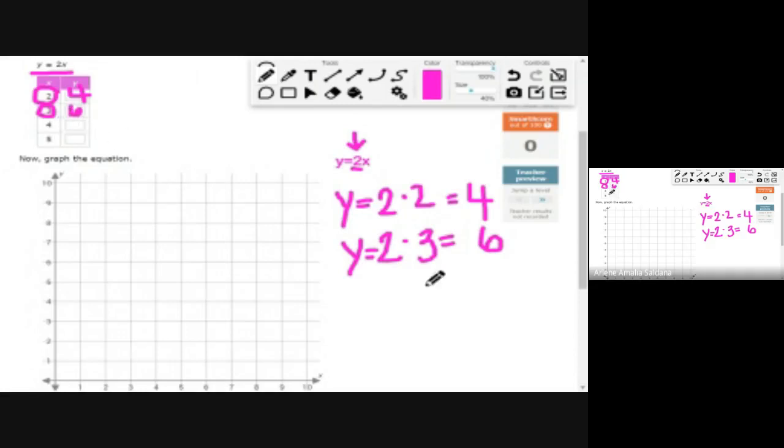Then y equals 2 times 4, which is 8. And the last one is going to be 10 because we multiply 5 times 2. So here we got 4, 6, 8, 10, right?